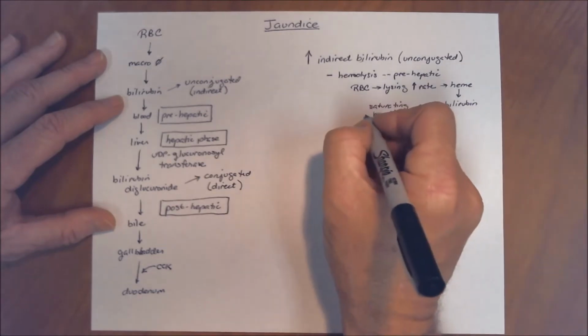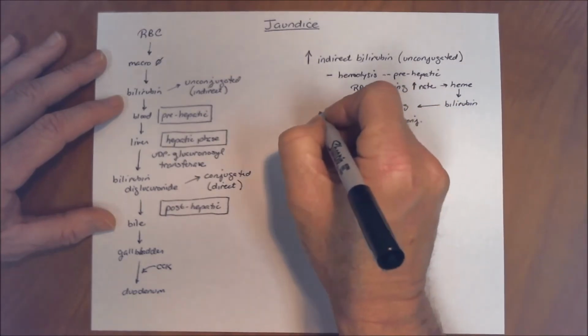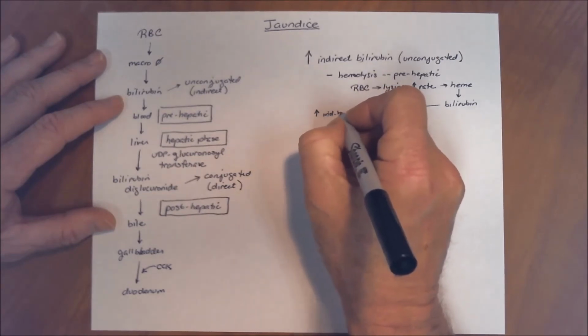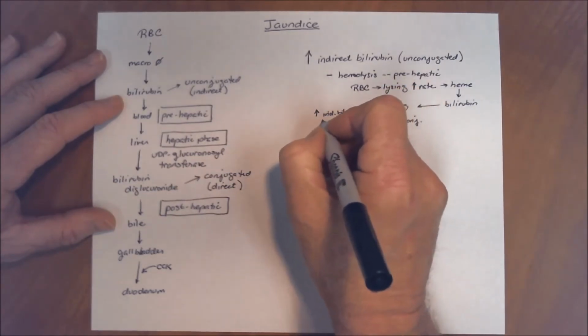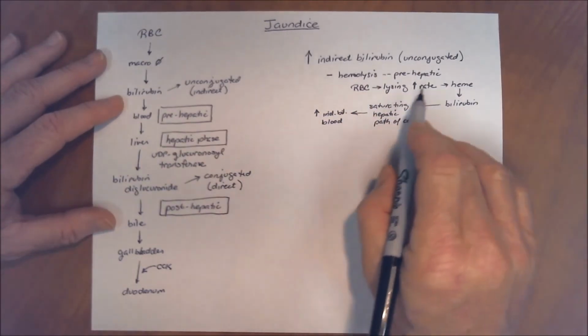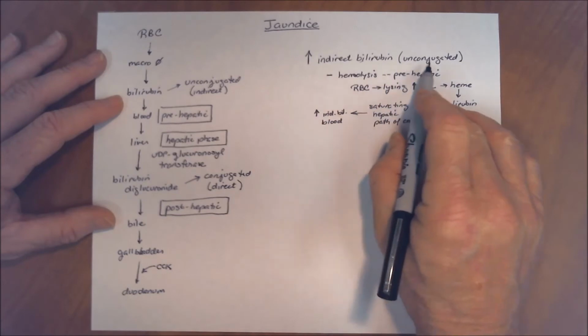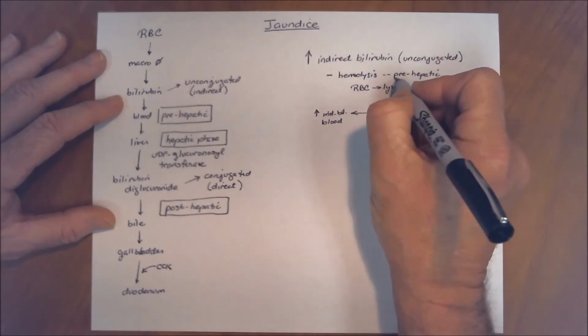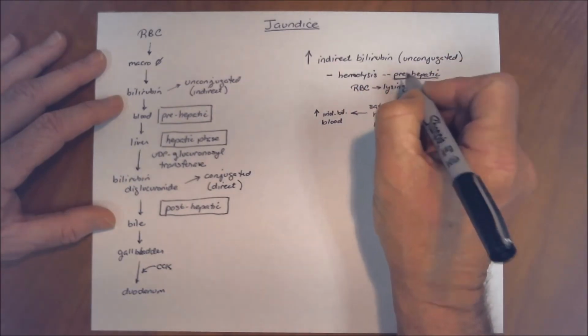This leads, of course, to increased indirect bilirubin in the blood, resulting in higher levels of indirect unconjugated bilirubin. All of this, of course, is happening in the pre-hepatic stage.